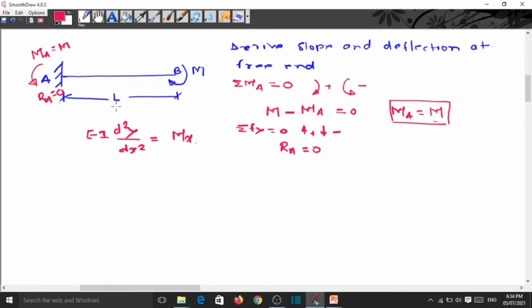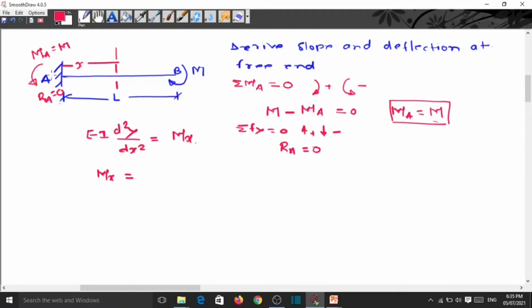Now for that you have to make a section. So here is one moment and here is one moment. So we are applying one section, and we are considering it from the left side. Generally we consider moment from the left side in the case of Macaulay's method. So first we write the Mx here.